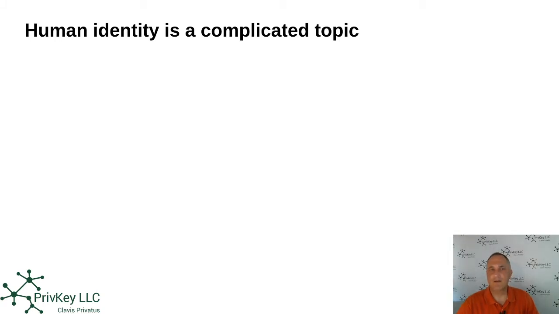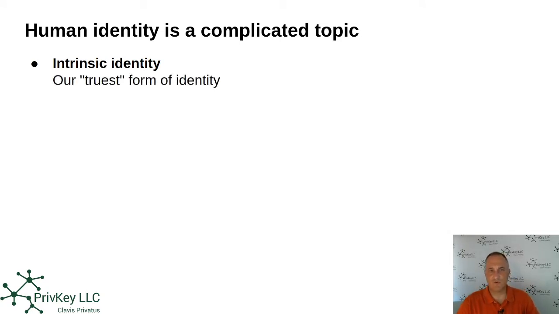Human identity is a complicated topic. It's not easy. It's hard to comprehend and wrap your head around it. So first, it has to be addressed from a historical point of view. How did it get to where we are now? First, you have intrinsic identity. This is basically the true form of identity.